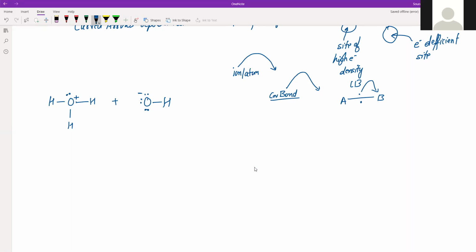How do we show this here? In these two, how does this give us water and water? These two things will react and this will give us water. This is acid and this is base. Why? Because this has a proton, and after the reaction this proton will be given to this OH negative. So that's why this is acid and this is base.